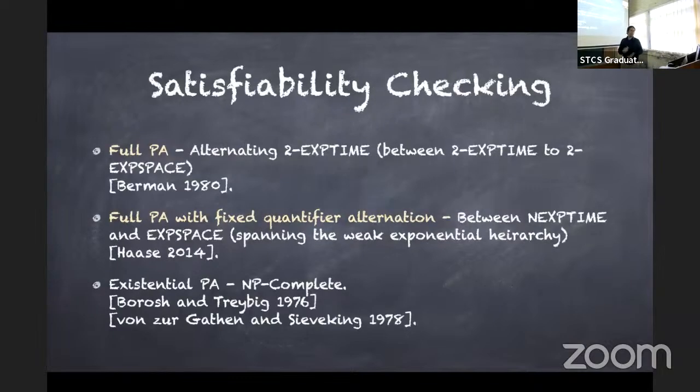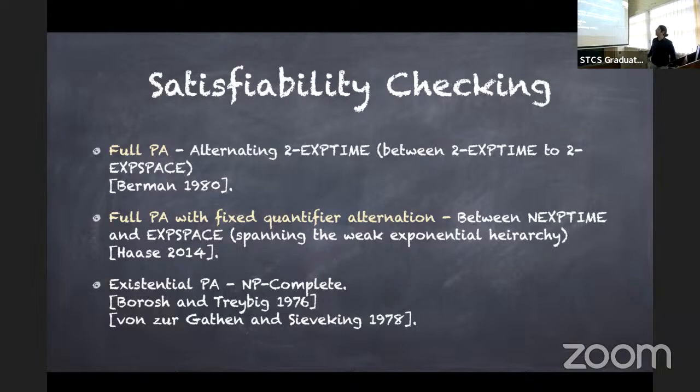To conclude the historical context, since the decidability proof of Presburger himself, there has been a lot of work done in this domain, and now we actually have very sharp complexity results for satisfiability checking of Presburger arithmetic and its fragments.